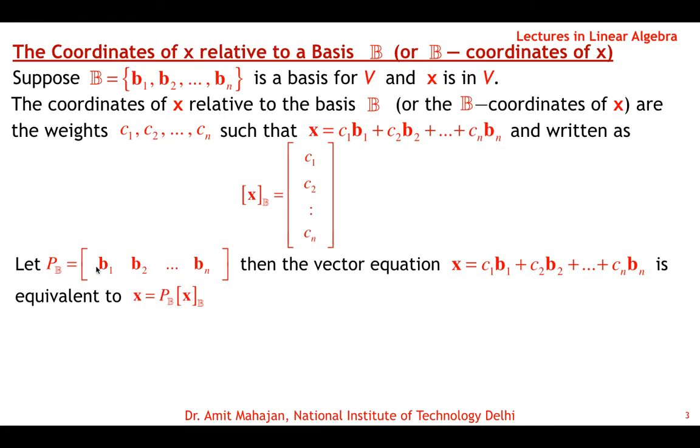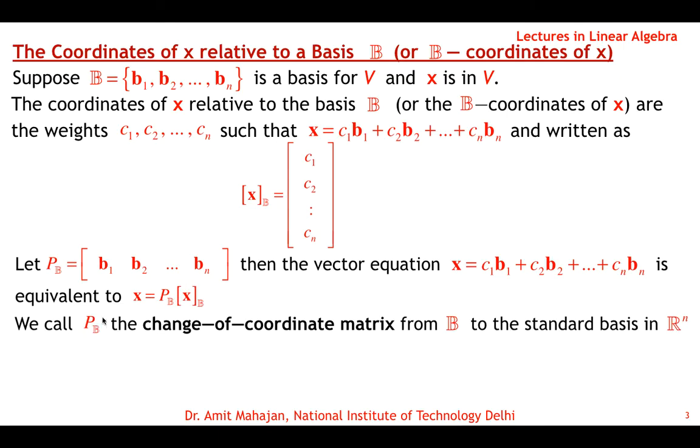PB is like a row of vectors times a column vector, so we immediately get this equation. So x as a linear combination of b1 to bn can be written in short as x equals PB times xB, where PB is the matrix of the basis vectors and xB is the B coordinate of x, that means the scalars or weights c1, c2, cn used to write this linear combination.